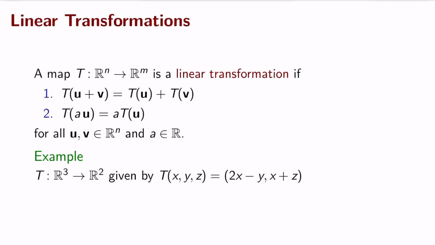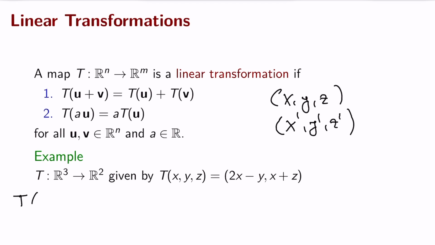So to do that, we are going to calculate the addition of vectors. This has to hold for any two vectors in R3. So let's put two generic vectors in R3, for instance, x, y, z, and x prime, y prime, z prime. We are going to calculate, on one hand, T of the addition, I mean, u plus v.